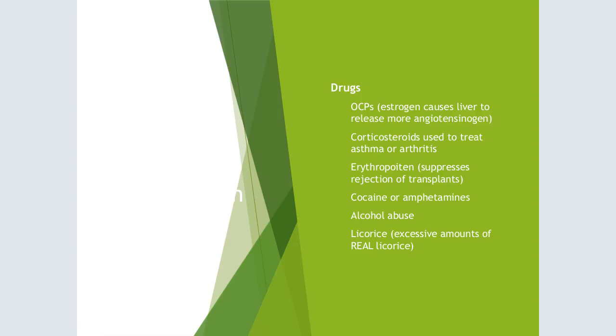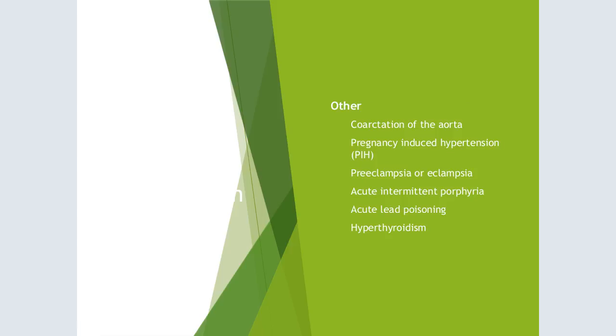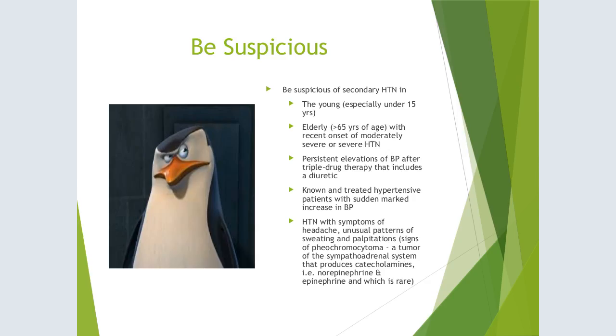Dr. Lang has a point in here about licorice, real licorice, not the strawberry kind, but real black licorice. But you really have to eat a lot of it to have hypertension from it. Still, it is a possibility. Coarctation of the aorta and pregnancy-induced hypertension can occur as well. It's preeclampsia. AIP can occur, acute lead poisoning, hyperthyroidism, all can cause problems with secondary hypertension.